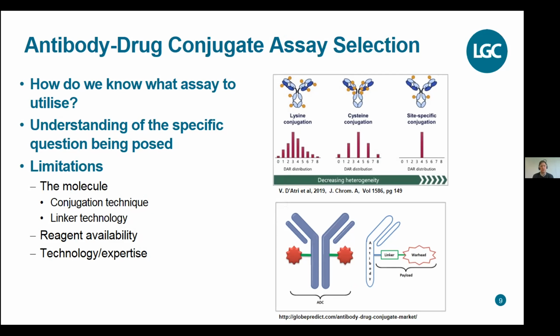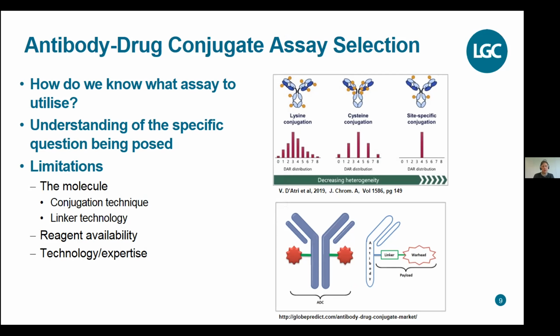So considering the molecule, there are different conjugation techniques of the payload. So we can have lysine or cysteine or site-specific conjugation, which can increase or decrease the heterogeneity that we're likely to see. And that can have an impact on the assay selection. The linker technology. So I mentioned before about having a cleavable linker. Some have non-cleavable linkers.